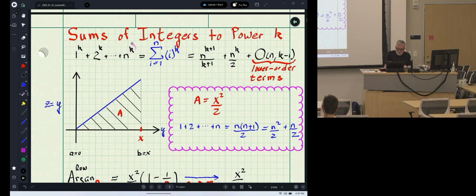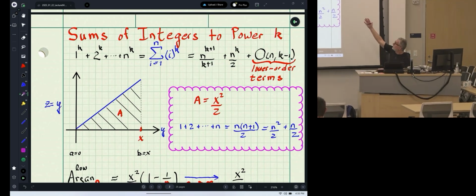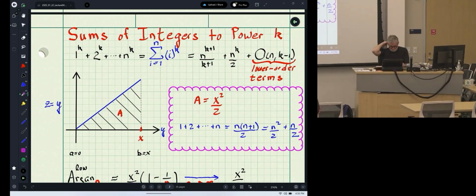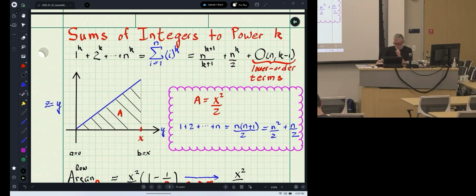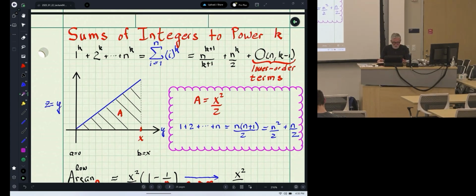If k is the power, you add up the first n integers, you get n to the power k plus 1 over k plus 1, plus n to the k over 2, and then you get lower order stuff, so n to the k minus 1, 2, 3, etc. And so when you're taking n large, this n to the k plus 1 is the dominant term, and we're just noting the next term so that we see clearly we've got the highest one, and the one after that is, yes, smaller. It's not n to the k plus 2, it's n to the k.